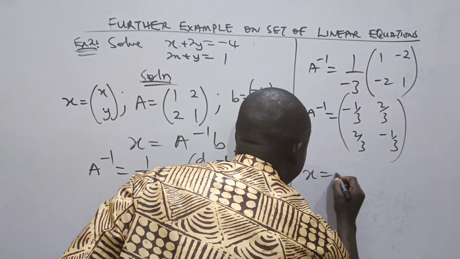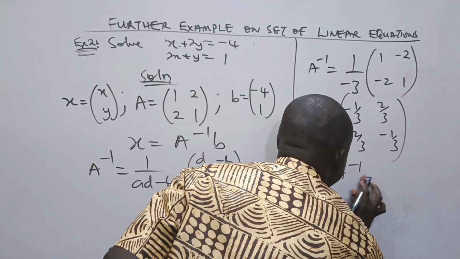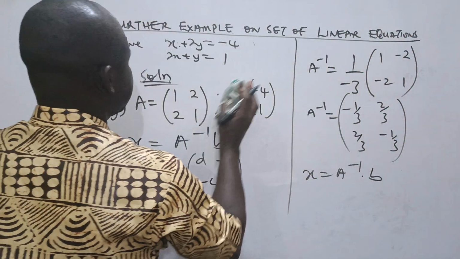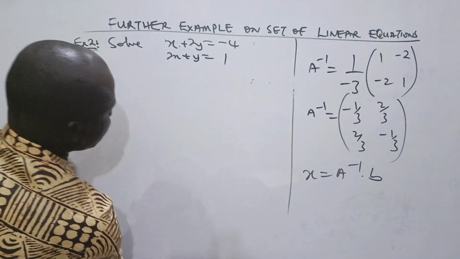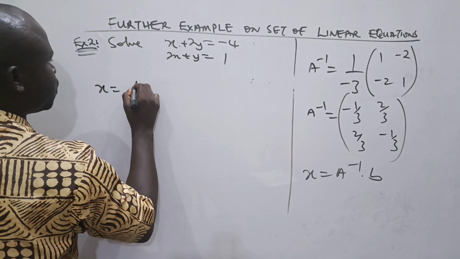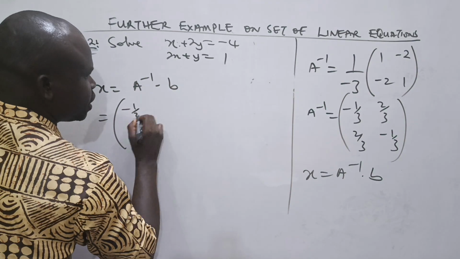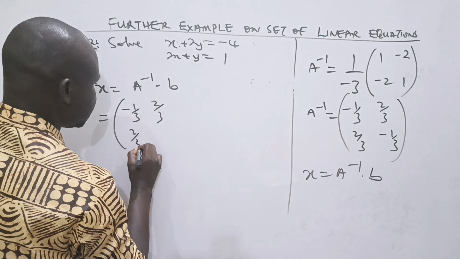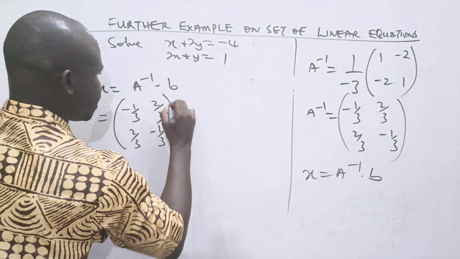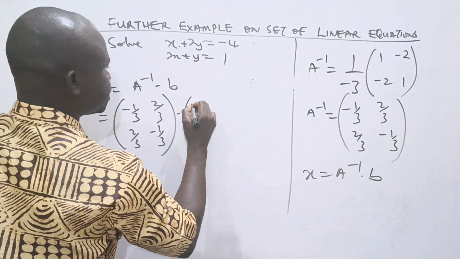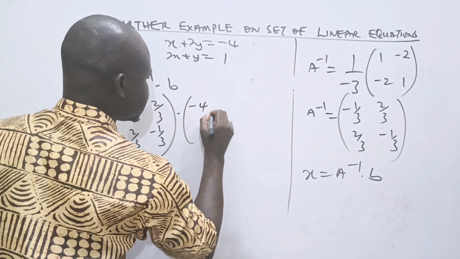So finally, X is equal to A inverse multiplied by B. So let's find the value of X here. So X will now be equal to A inverse multiplied by B. So A inverse by formula is given as minus 1 over 3, 2 over 3, 2 over 3, minus 1 over 3. That's what we are going to get. Multiplied by B, the constant, minus 4, 1.